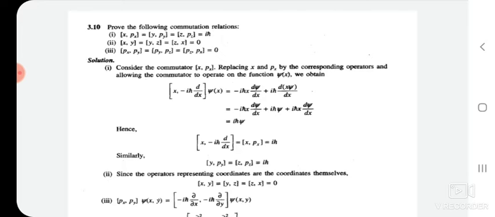These two terms are the same, so they subtract from each other, and finally we get [x, y] = 0. Similarly, [y, z] is also 0 and [z, x] is also 0.